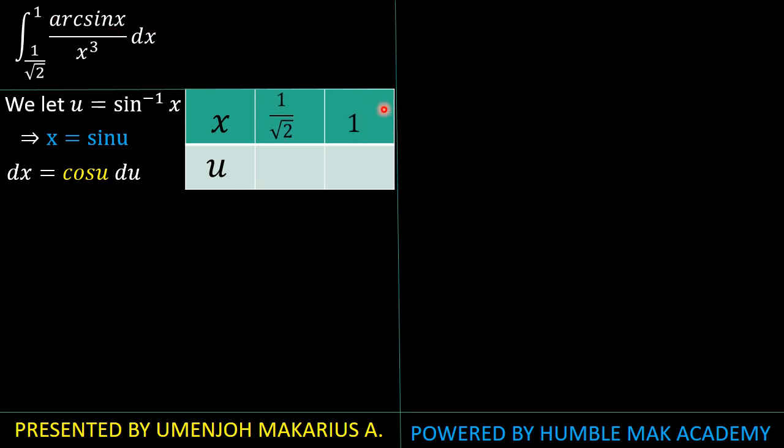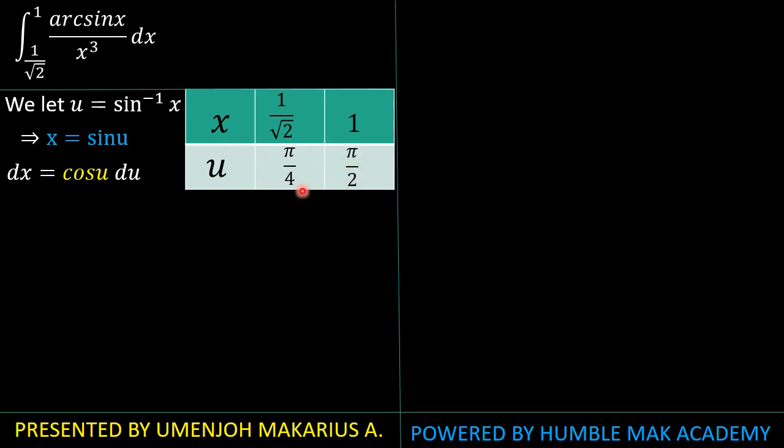When x becomes 1 by root 2, if we put it here, that means sine inverse of 1 by root 2, which gives us what? Great, it gives us pi over 4. Now if we put x equals 1 into sine inverse of x, we have sine inverse of 1, which gives us what? 90 degrees, in other words pi over 2. So we have our pi over 2.